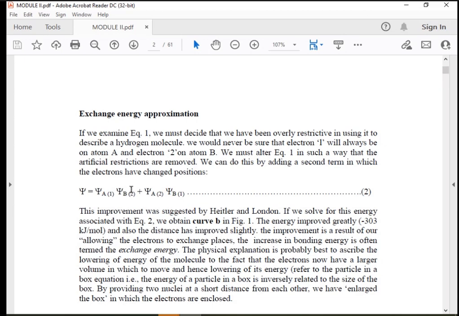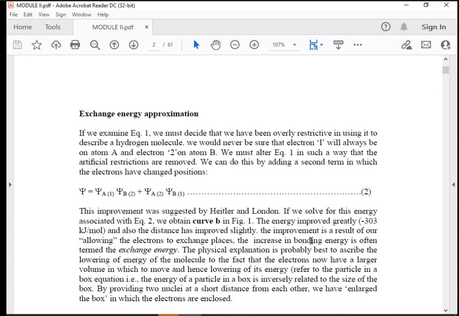This was equation 1. Another possibility is that the wave function of atom A may interact with electron 2, and the wave function of atom B may interact with electron 1 in this way. That's why this is the exchange energy approximation.